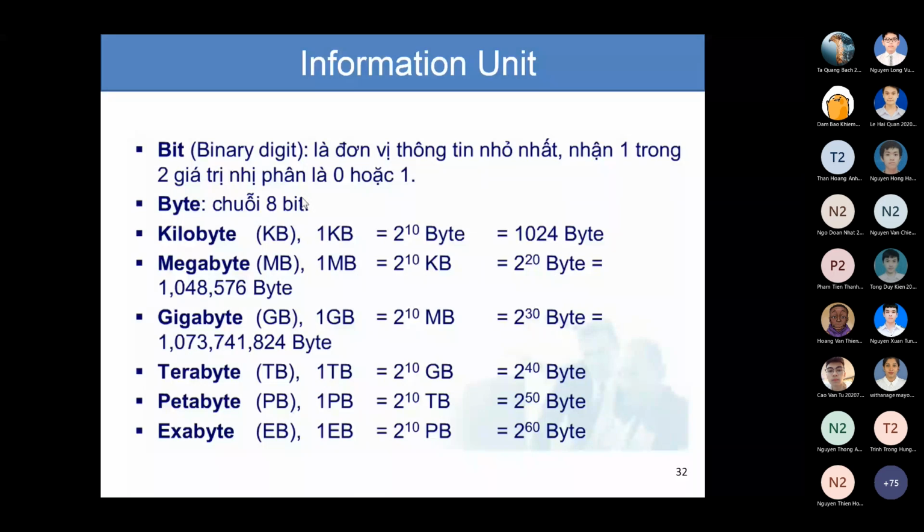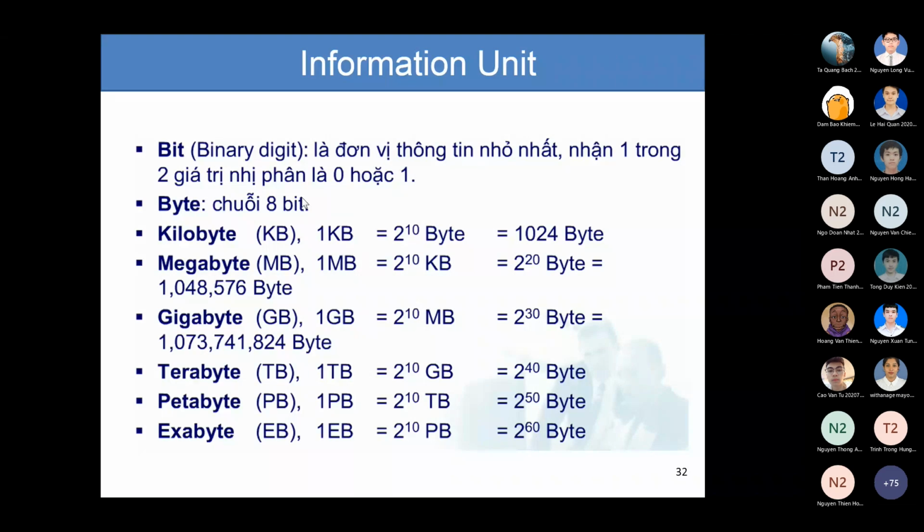However, using a bit, we can only represent 2 states, that is yes or no, on or off. And in real life, most things have more than two states, right? So normally we use byte, which consists of 8 bits, to represent.